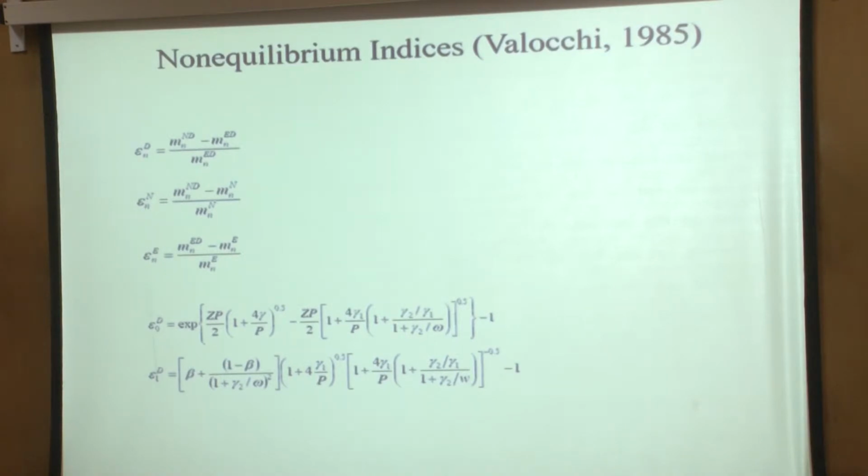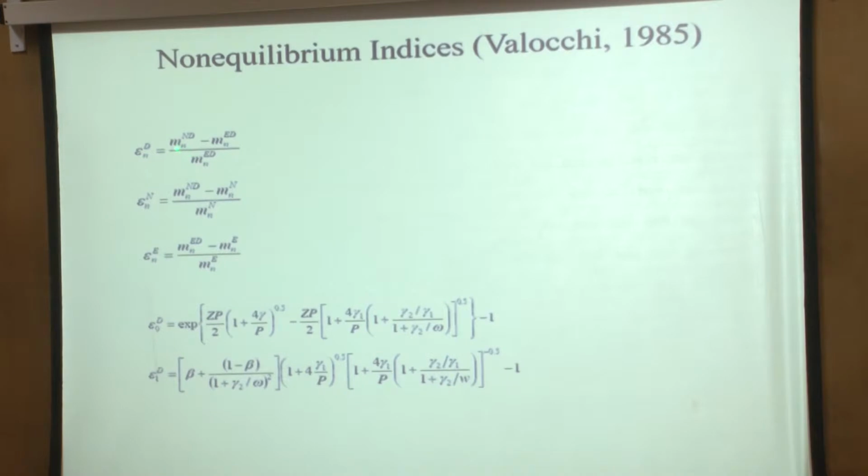So he said, I'm going to define moment indices, for which we are using the symbol epsilon. N over here is the order of the moment, so subscript 0 means it's the 0th moment, 1 means I'm looking at the first moment, and so on. The superscript says what it is that we are trying to differentiate from in the equilibrium case, where D stands for degradation.